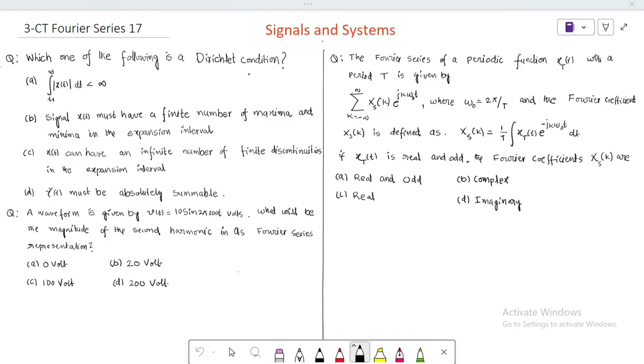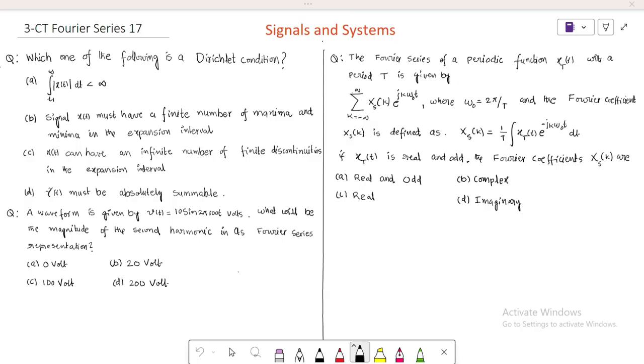The Dirichlet condition is nothing but the convergence of the Fourier series. Before applying the Fourier series to a particular periodic signal, it must satisfy certain conditions, and these conditions are called Dirichlet conditions.